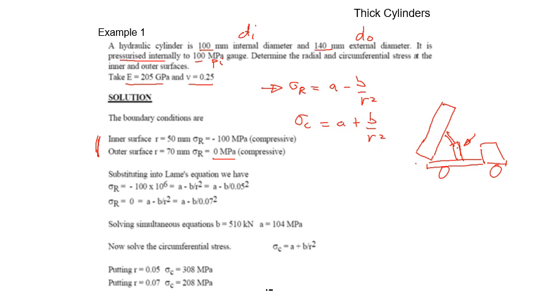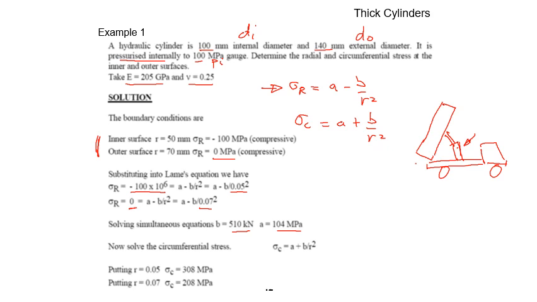First we have sigma R is equal to A minus B over R squared, where R is 0.05, which will give us minus 100 megapascal. When R is 0.07, the pressure is 0, so sigma R is 0. Solve simultaneously these two equations. We'll get B is 510 kilonewtons and A is 104 megapascal.